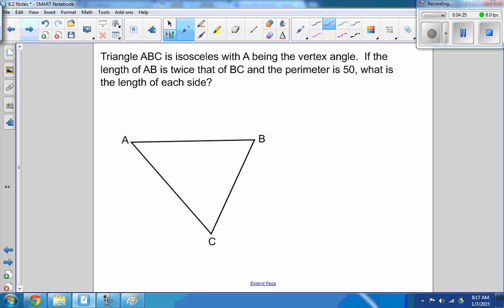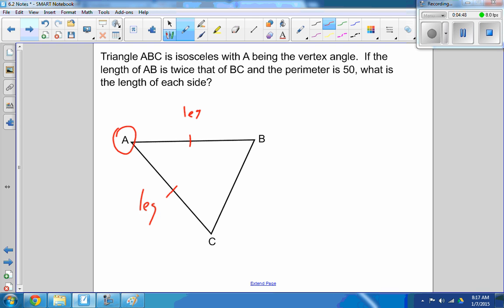All right, so let's look at a word problem here. So we have a triangle ABC, it's isosceles, with A being the vertex angle. Since A is the vertex, we know these two sides are the legs, because the vertex is in between the congruent sides.